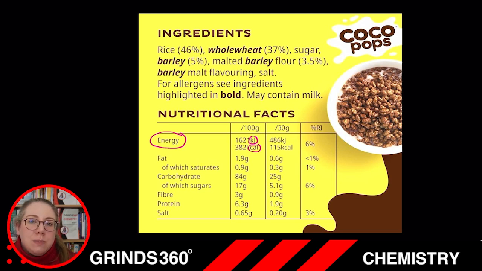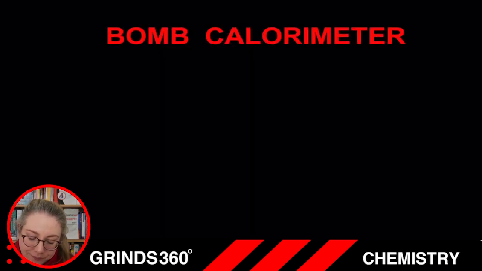I used to do this experiment with my year 7s in the UK, where we tried different varieties of crisps and looked at which ones have the higher calorie content, based on the amount of energy a certain amount of that crisp released when you set it on fire. My lab stank for days afterwards. It was ridiculous.